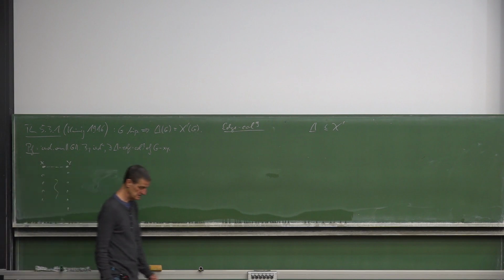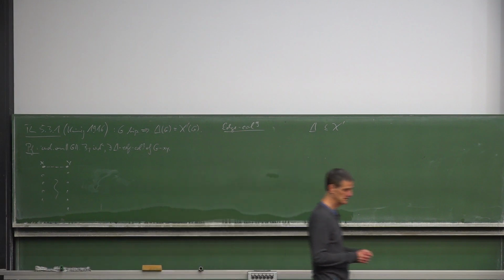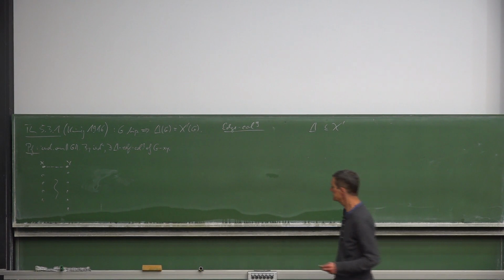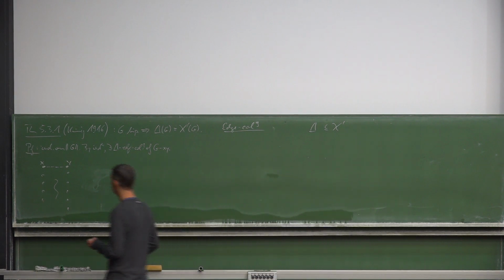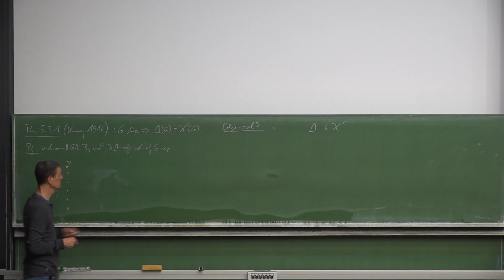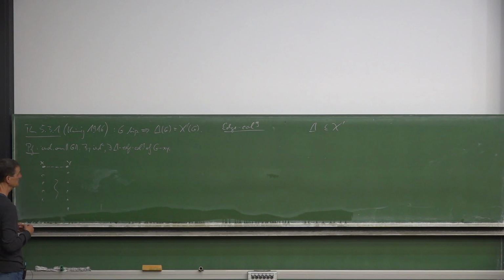Now, look at this coloring. X has fewer than big delta neighbors in G minus xy. So this coloring doesn't use all the available colors if we want to color with delta colors.